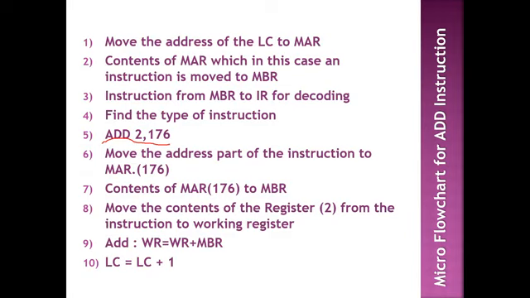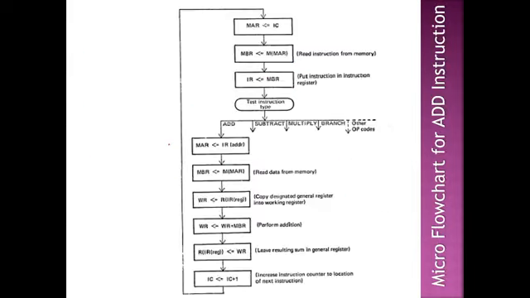Here 2 means it's a register. The contents of memory location 176, one number will be there. That number has to be added with the contents of register 2. Another number will be there in register 2. I will add both these numbers and the result will be stored in register 2 only. This is the add instruction. How are we going to execute it is what we are going to see in the flowchart.